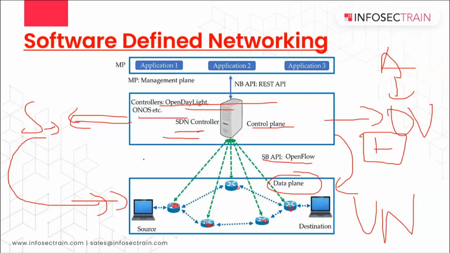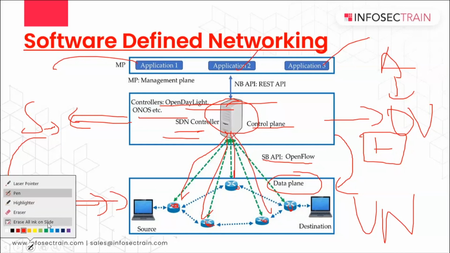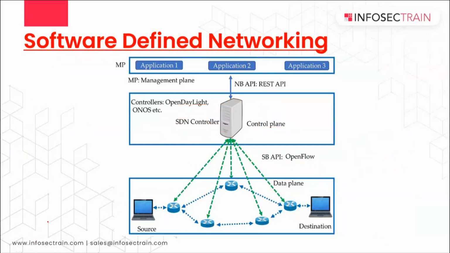So generally we have three things: controller, data plane, and application layer. This is the controller in between, which is controlling via software all of your data plane hardware, right? And there are applications. Applications can be my data centers. Another application can be my cloud computing. Another can be my service providers or maybe my enterprise network, right? So these can be the applications of SDN.